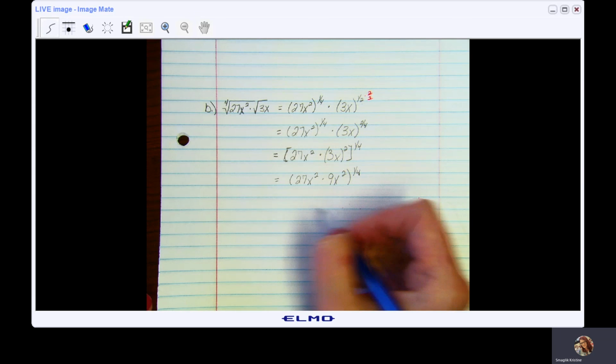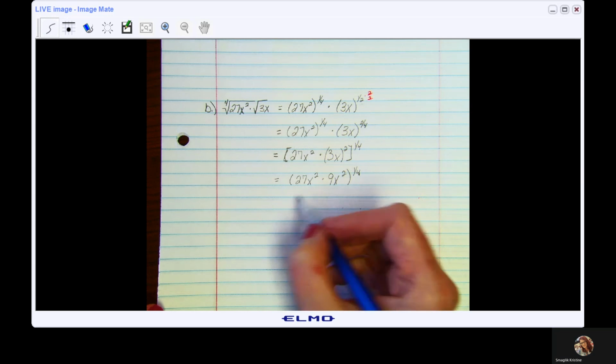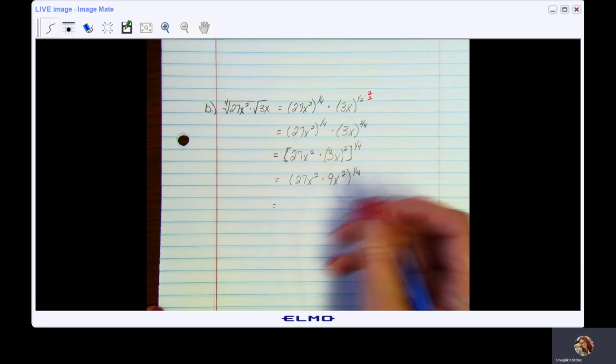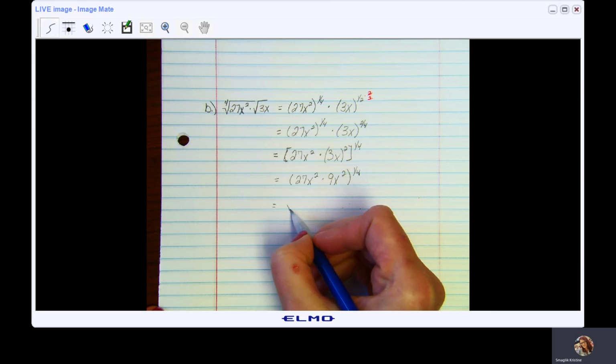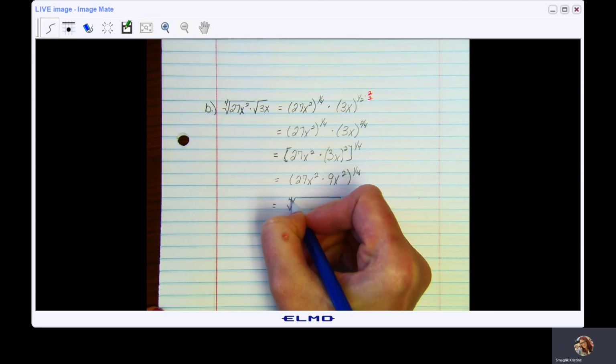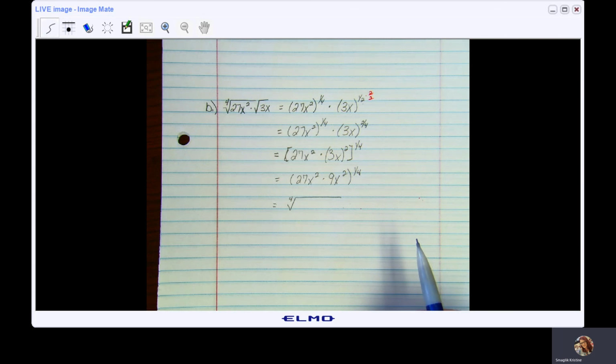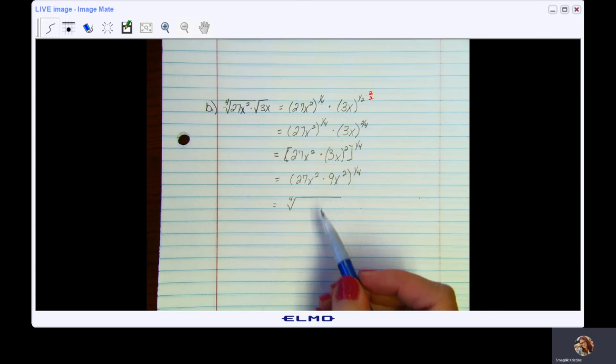Let's move this into radical form here. That might be a little bit easier to see. 27 times 9 is 243, which is 3 to the 5th power, but I don't know how many of us really see it just like that. So this actually might be a little bit easier.